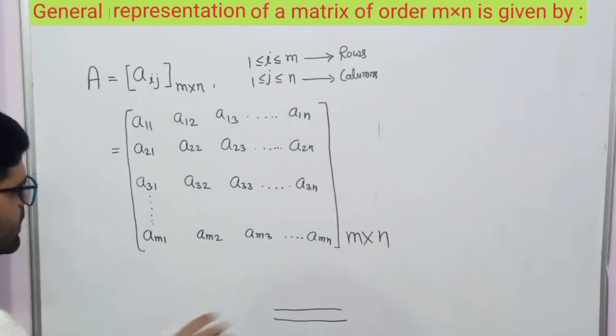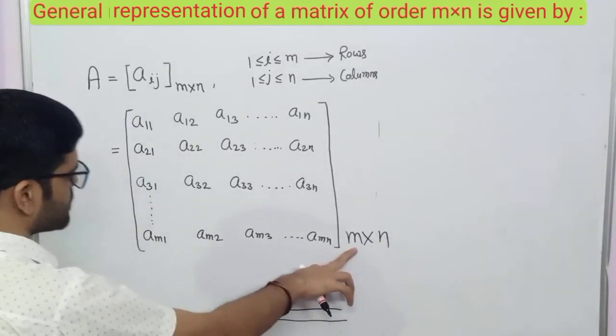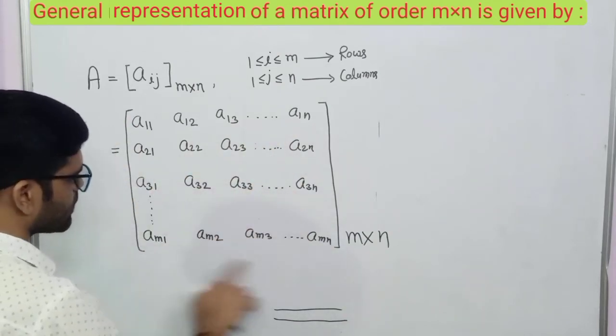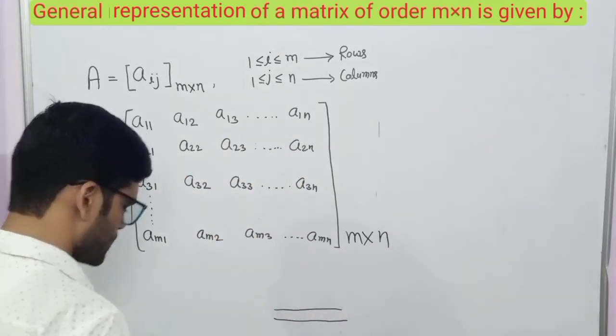This means that m represents the number of rows. How many rows? Okay, you count, and number of columns.